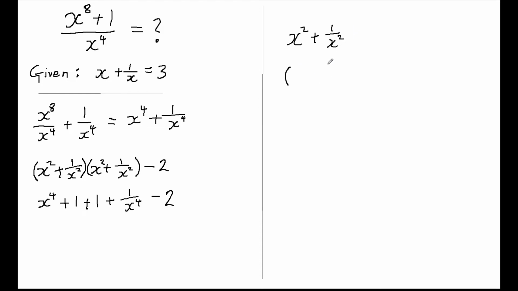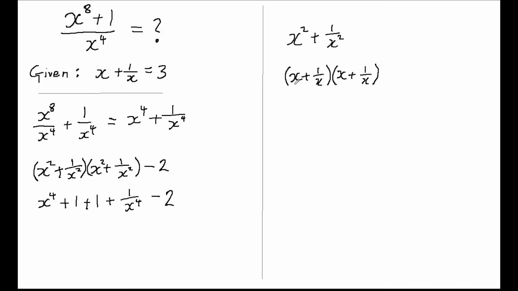So again, we need to have two terms that when multiplied together give us this. So let's guess at x plus 1 over x and x plus 1 over x.